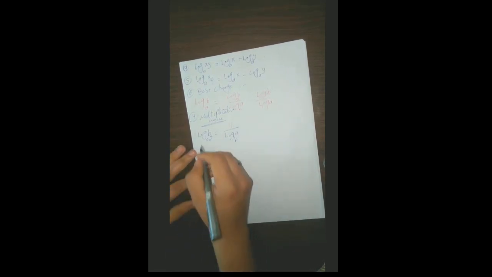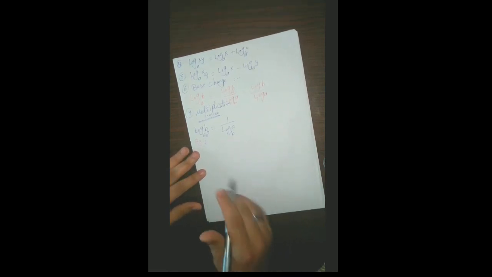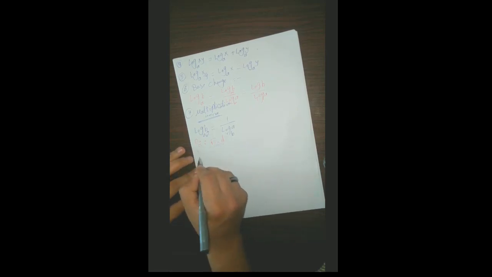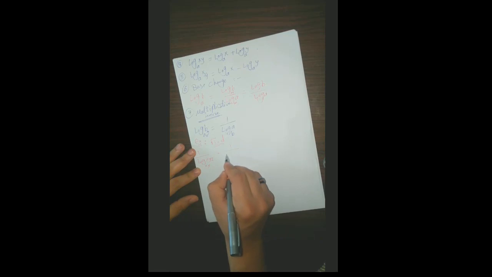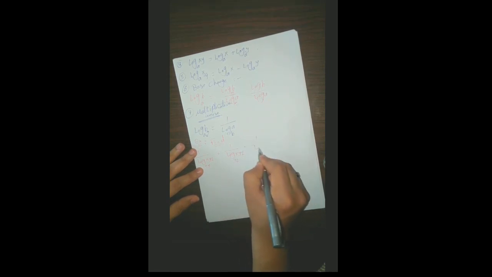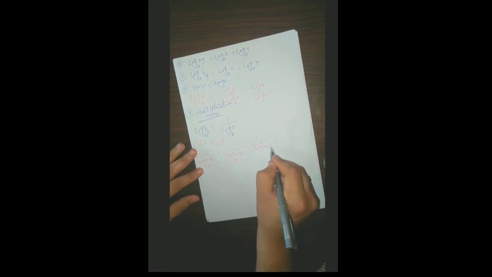Example: find 1 over log xyz to the base xy plus 1 over log xyz to the base yz plus 1 over log xyz to the base zx.